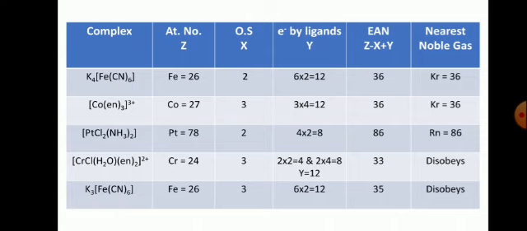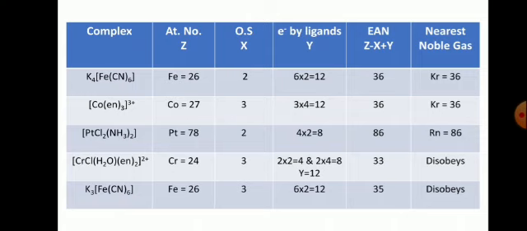The second example is tris(ethylenediamine)cobalt. There you have cobalt, which has an oxidation state of plus 3. It has 3 ethylenediamine attached to it. The atomic number of cobalt is 27, the oxidation state is 3, and there are only 3 ethylenediamine. However, ethylenediamine is a bidentate ligand, so one ethylenediamine is going to have 2 points of attachment.